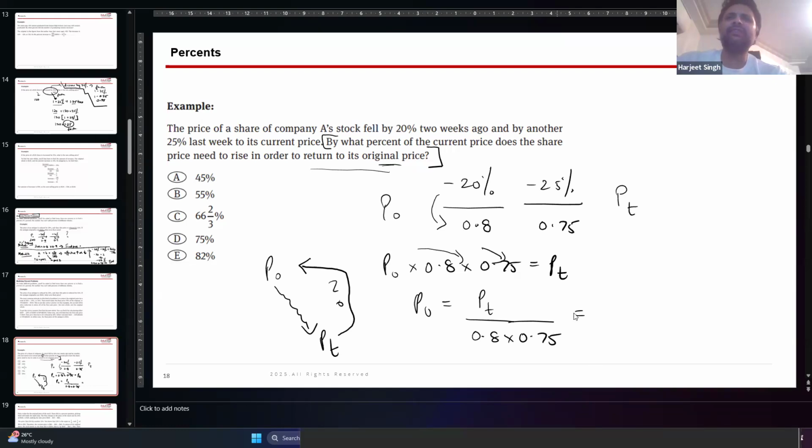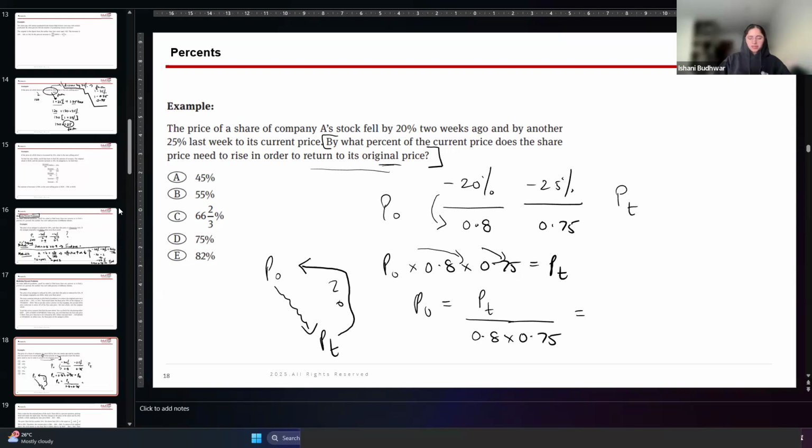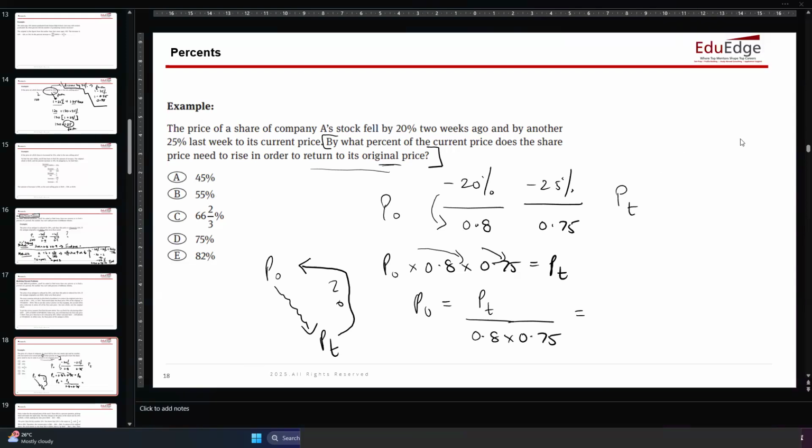Can you simplify this? Let me know what fraction or factor you're getting here: 1 divided by 0.8 into 0.75. That is 1.66 times PT.